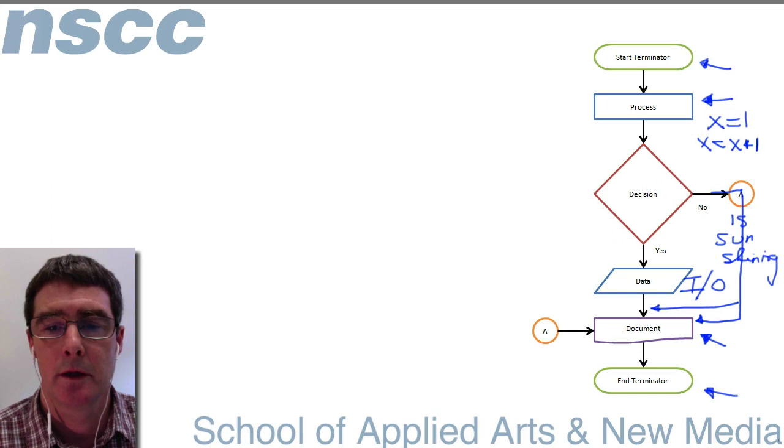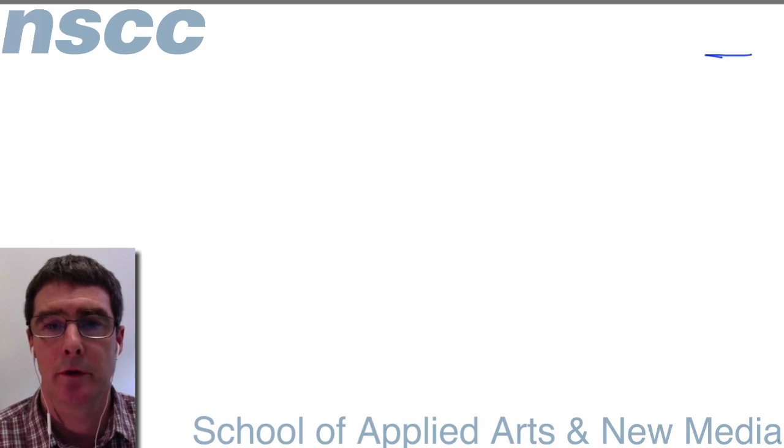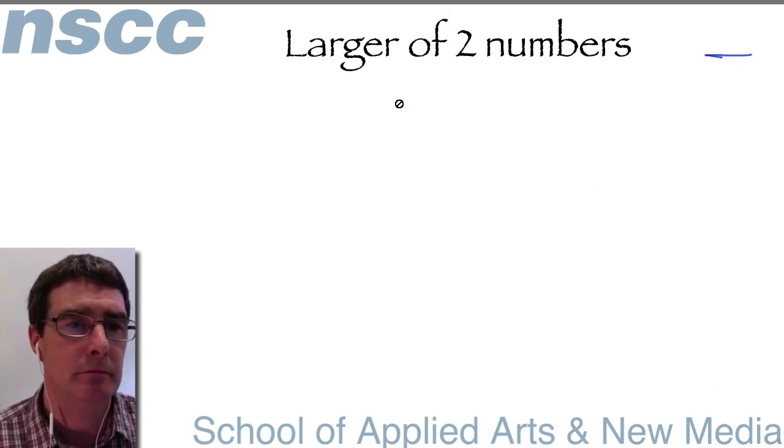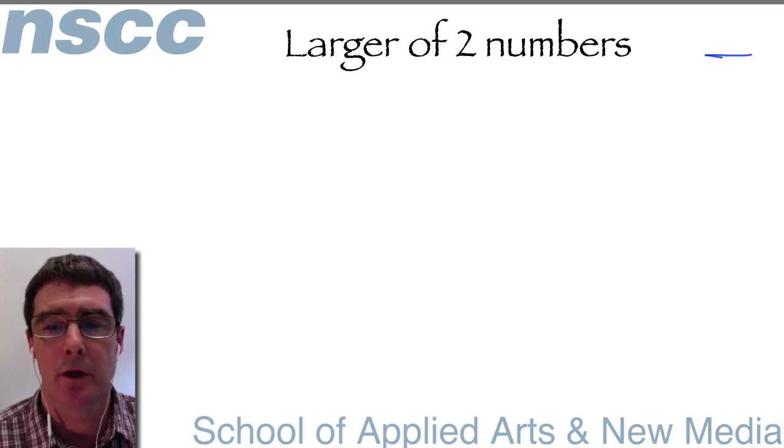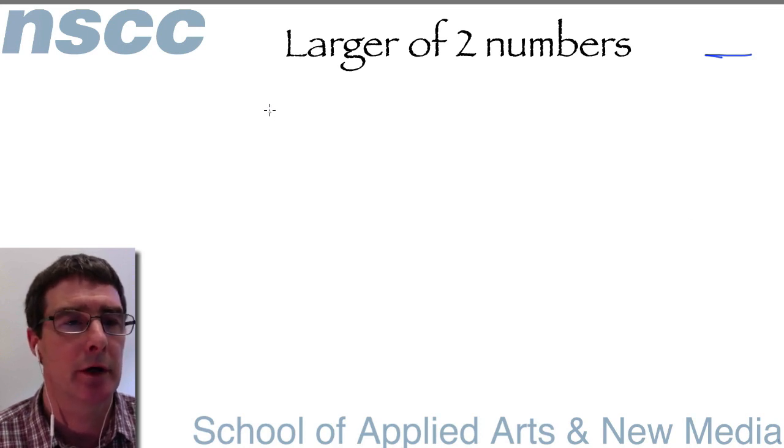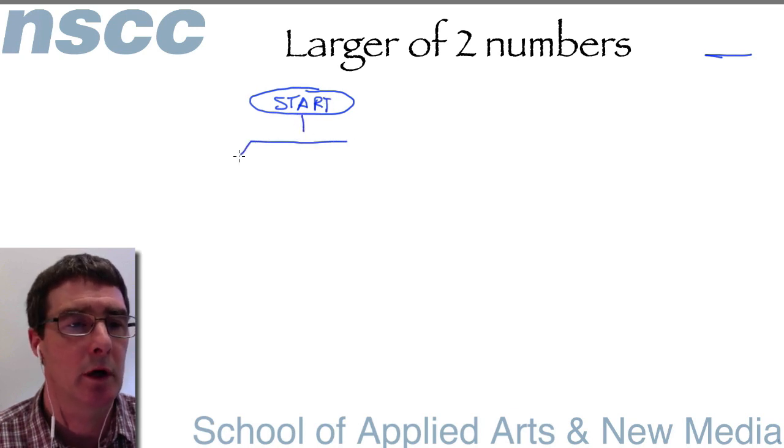I'm going to work on an example here to show you how we would find the larger of two numbers if we were going to design our own flowchart. So obviously we first start, and we need to get two numbers, so let's input two numbers, x and y.